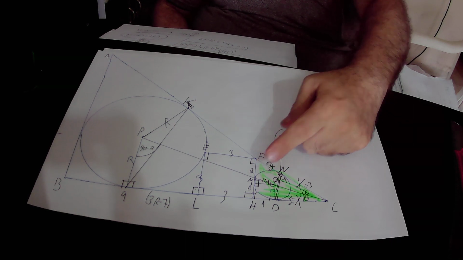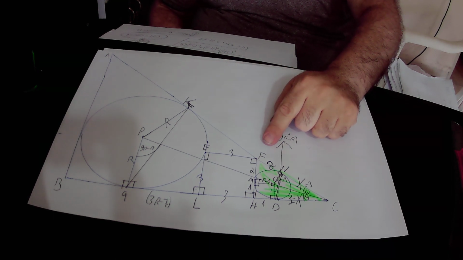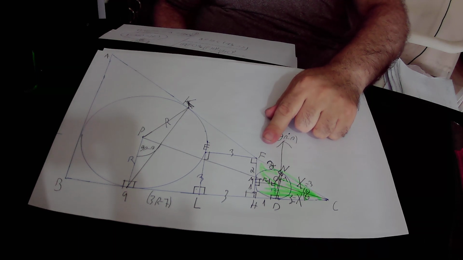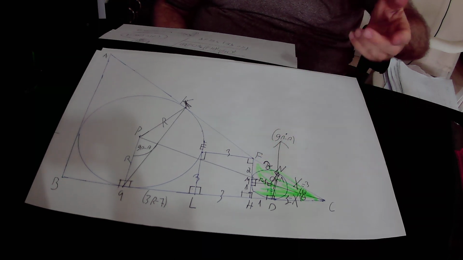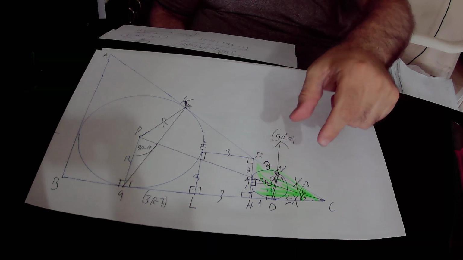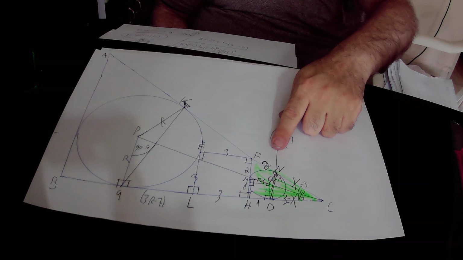So FM equals 2. Then we use rule number 2. If we focus on the common external point F, from the common external point F, we have two tangents to the circle, tangent FN and tangent FM. And according to rule number 2, they are equal to each other. That is to say, FM equals FN. But FM equals 2, therefore FN must also be equal to 2.